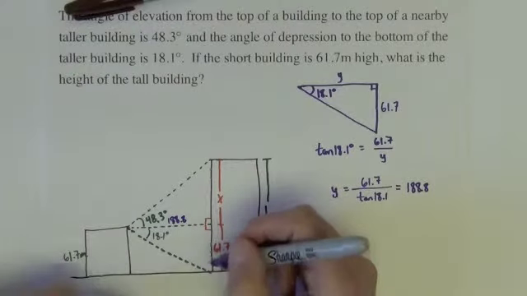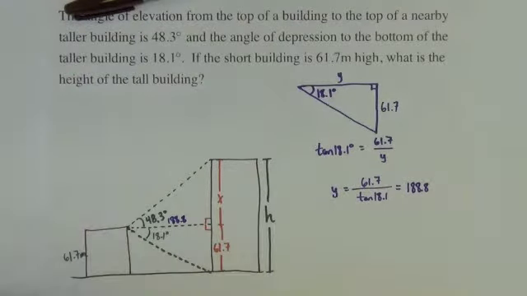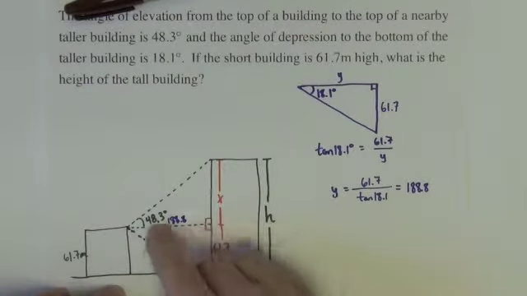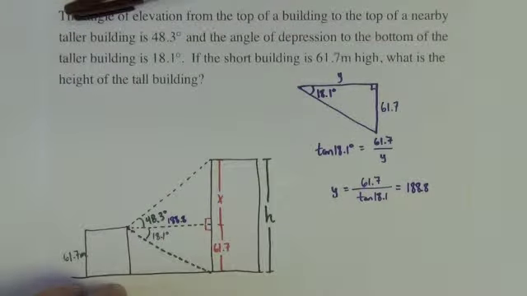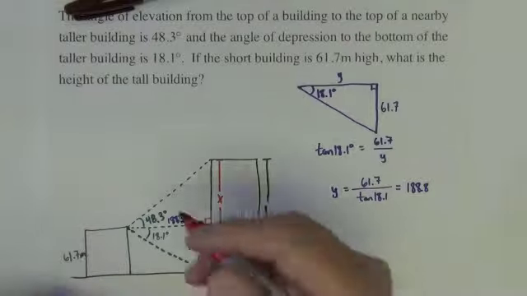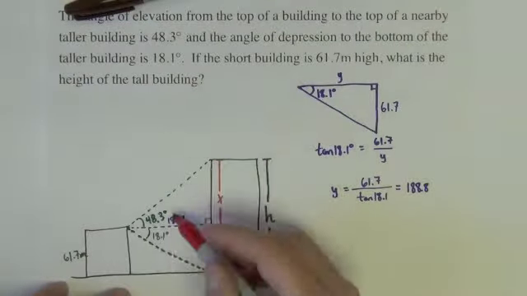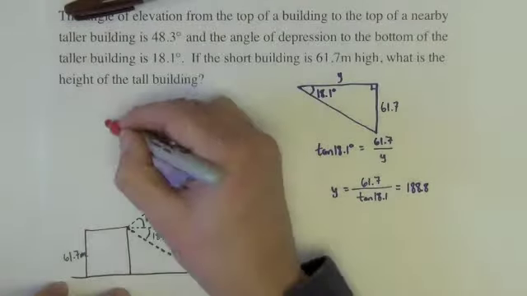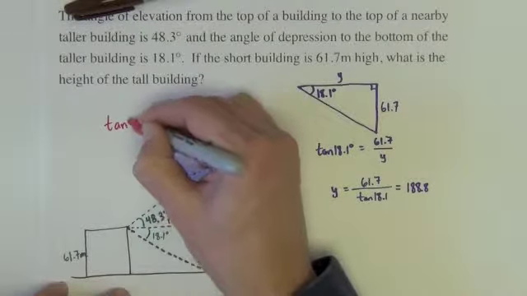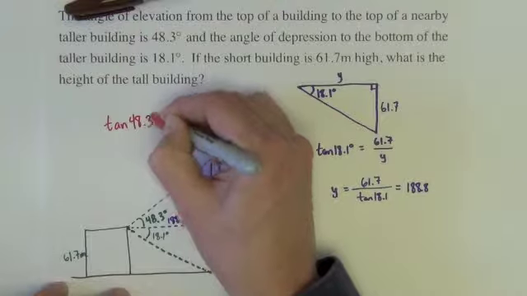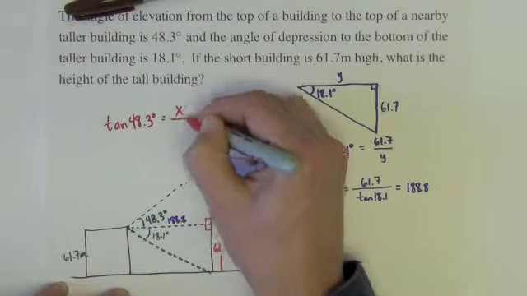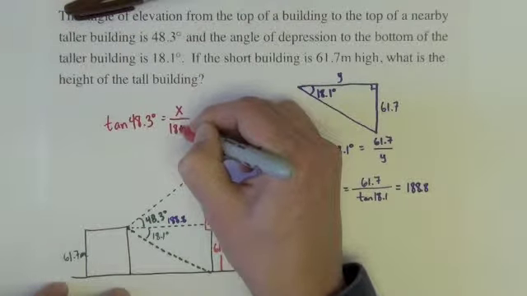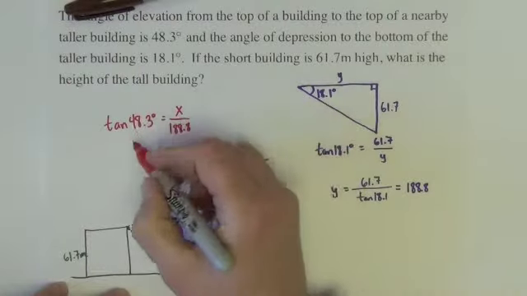Okay. Well, now we can compute the value of x off of this top triangle. So let's do that here. I'm not going to redraw the triangle. We'll just take this as the opposite. This is the adjacent. I could say the tangent of 48.3 degrees equals opposite x over adjacent 188.8.